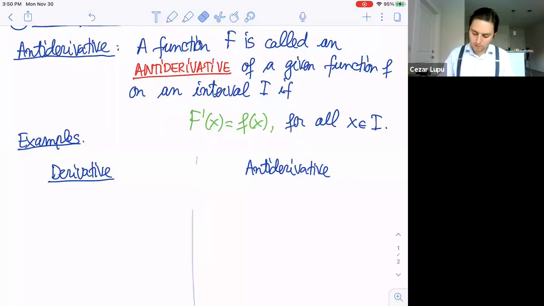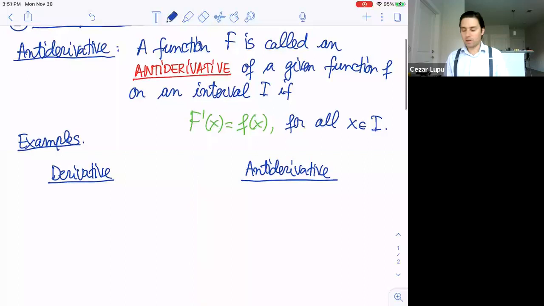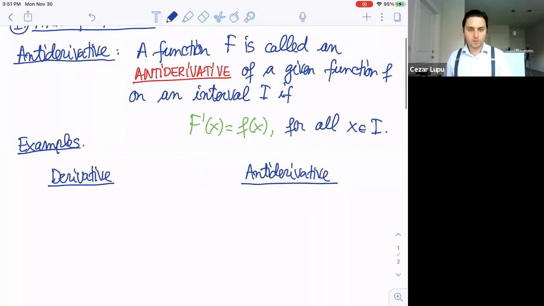So keep in mind that we have this definition, right? That's what you need to know, that capital F prime of x is nothing else than just f of x, all right?